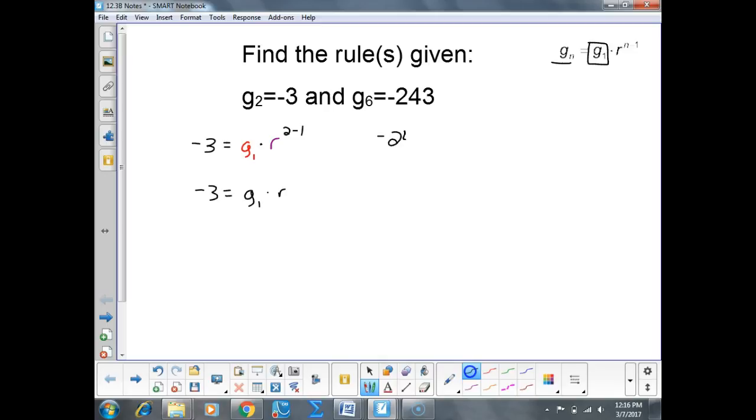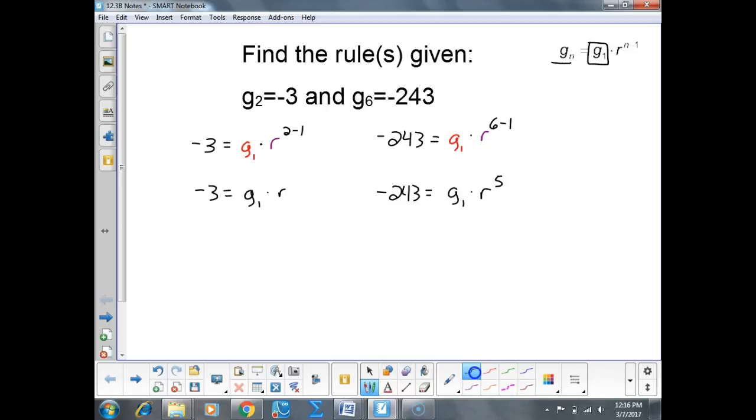Negative 243 is equal to, I don't know what G sub 1 is. I don't know what R is, but I know that this is the sixth term. So negative 243 is equal to G sub 1 times R to the fifth power.